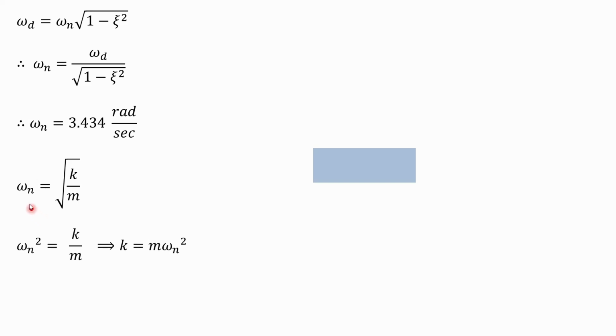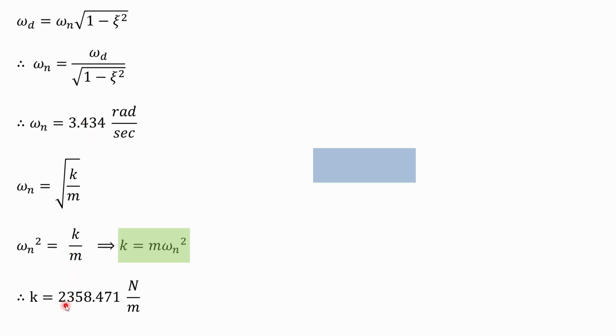Squaring both the sides, this square root will go. So it is omega n square is equal to k by m. Cross multiply by this m to this omega n square, so that you will get k is equal to m omega n square. Substitute the value of m and omega n. Omega n is 3.434, which we just now have calculated.